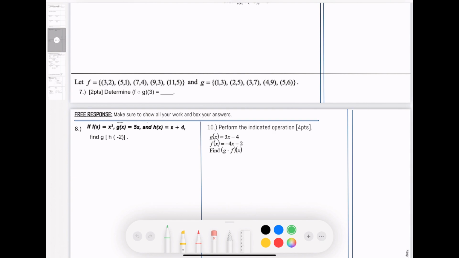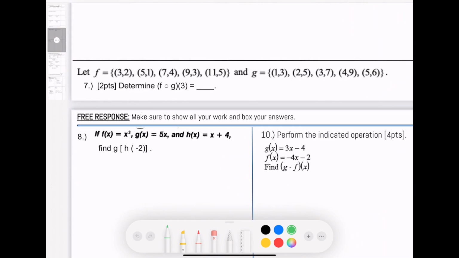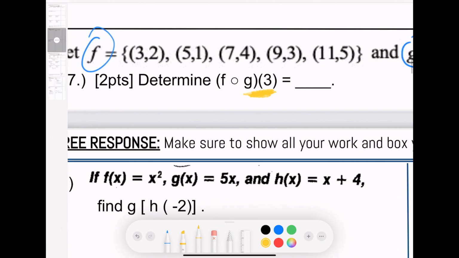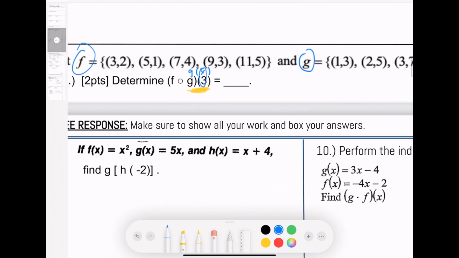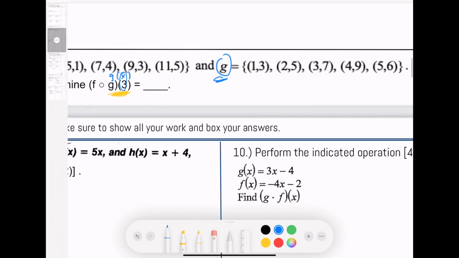All right, question number 7 gives us two functions, f and g. Now it tells us to start here on g of 3. So if you need a hint, you can write g of x. So we're looking for where x is on the g side. So here it is. So g of 3, the answer is 7.